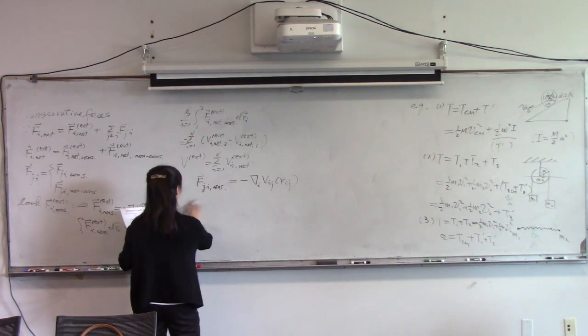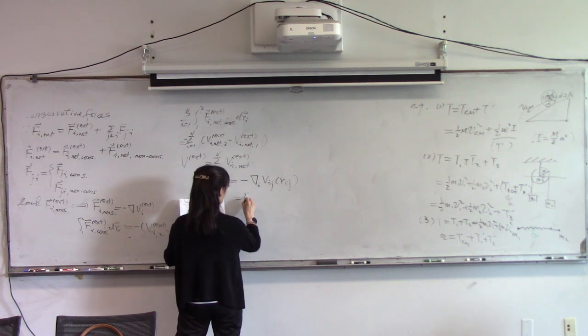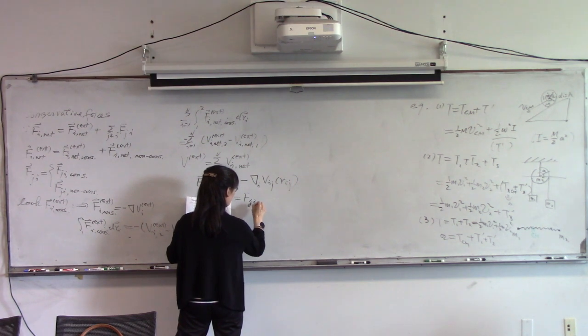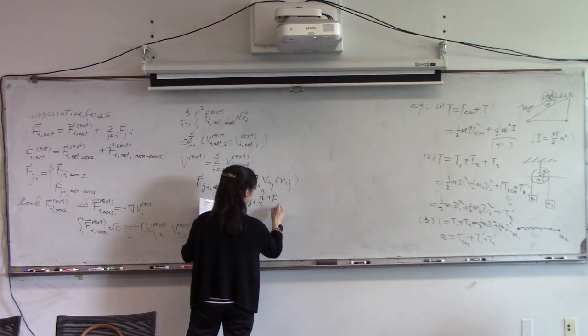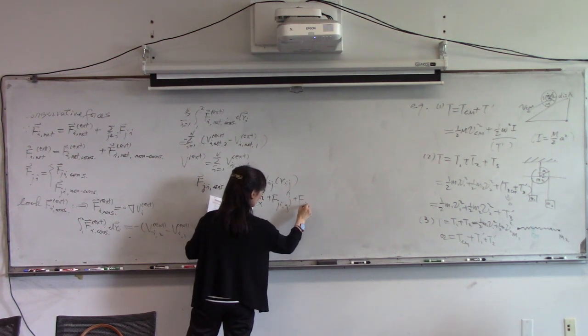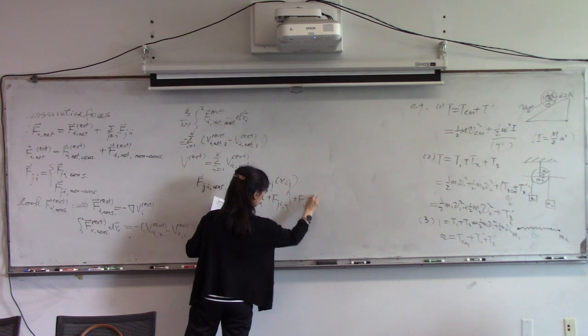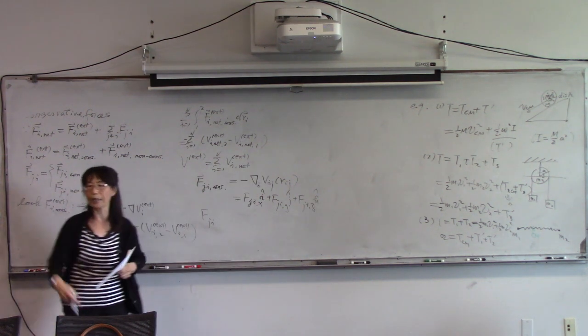Let's look. Okay, because here we have either the x components, i, j, x components, plus the y components, plus the z components, right? So now let's look at one of them. If we know x, we know y, and z is the same thing.